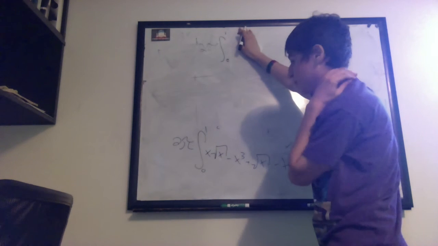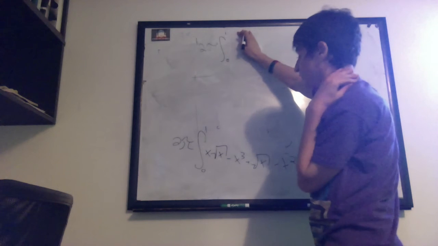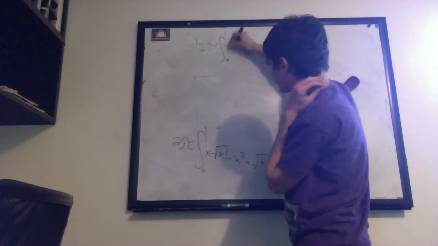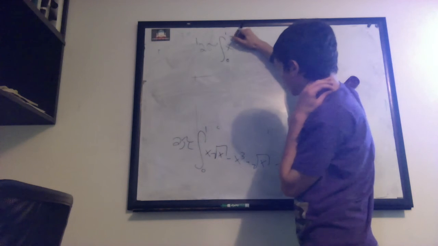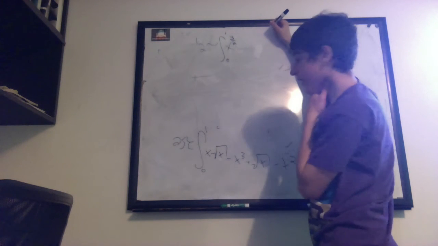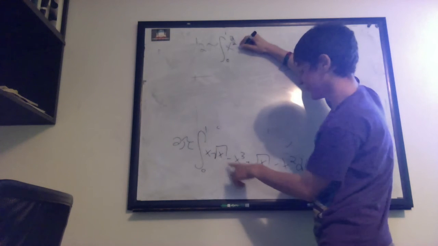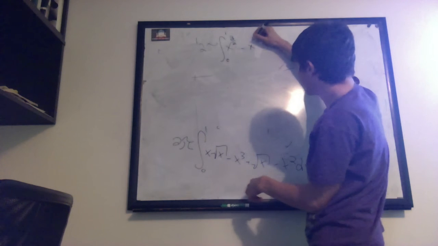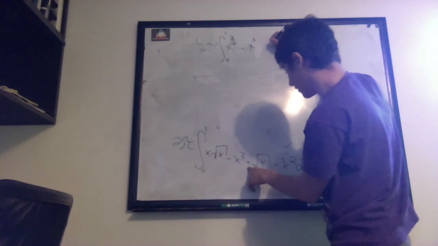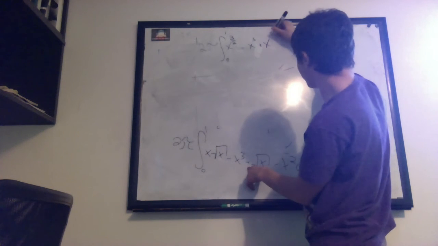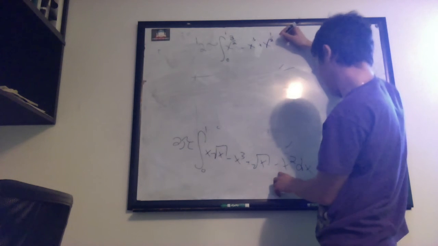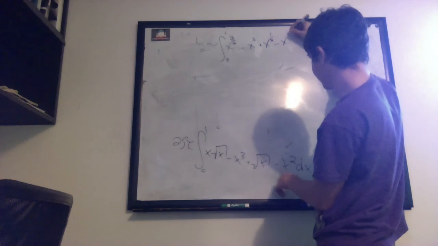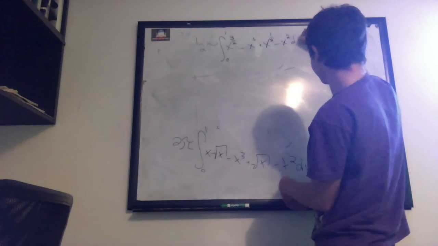So 1 over 2 plus 2 over 2 is 3 over 2. X to the 3 over 2. Okay. Minus, that's still x to the 3. Plus x to the 1 over 2. Minus x to the 2 dx.